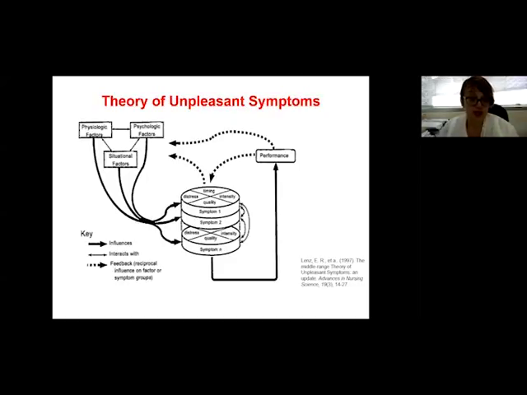So if your quality of life is low, maybe things like pain and depression and fatigue might be worse, or sleep disturbance. Also, the symptoms themselves might have an influence back on those antecedent factors such as these. So I'll talk more about this theory and does it actually fit the real world a little bit later.